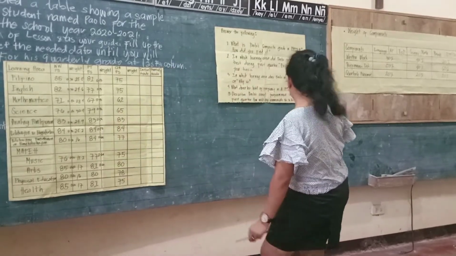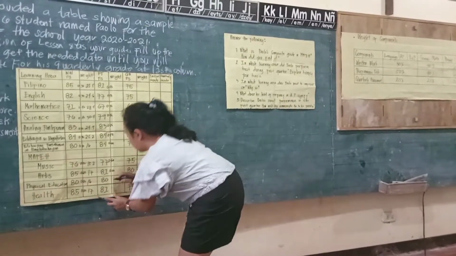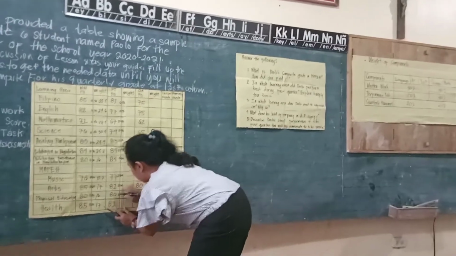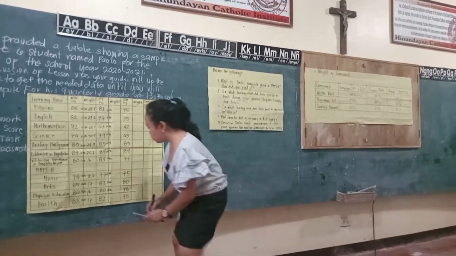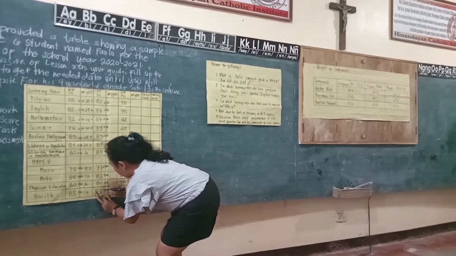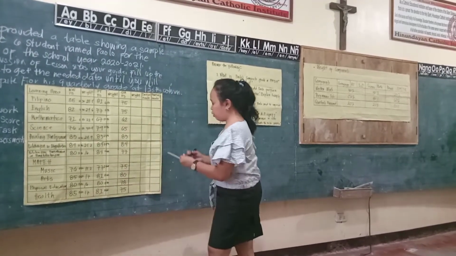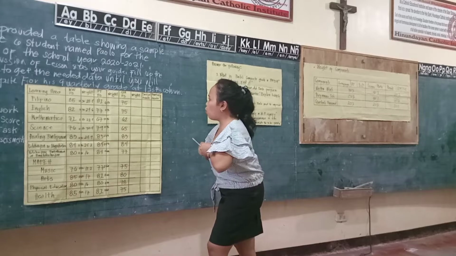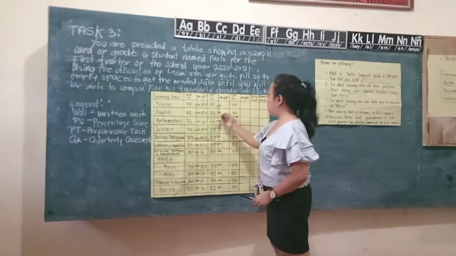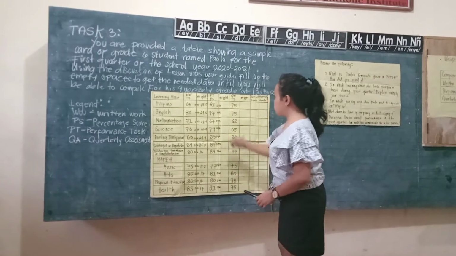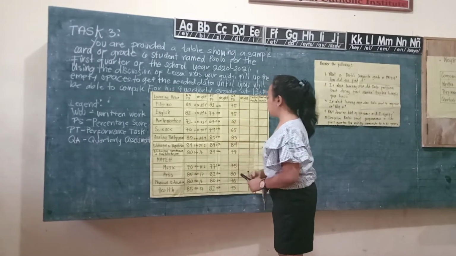Same as with physical education, we also have 60% or 0.60. And lastly, in health, we also have 60% or 0.60. Now, in order to get a weighted score, we need to multiply the percentage score to the weight of component.